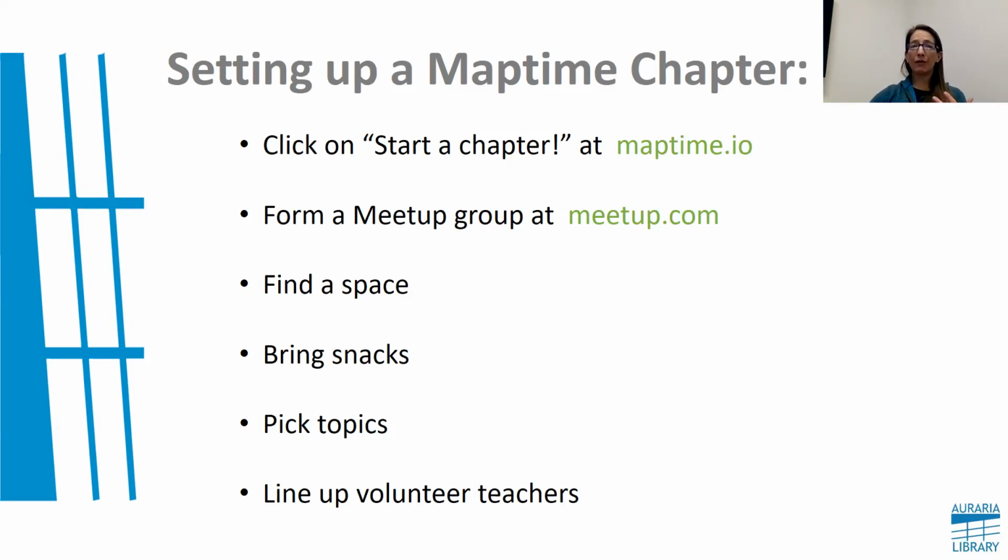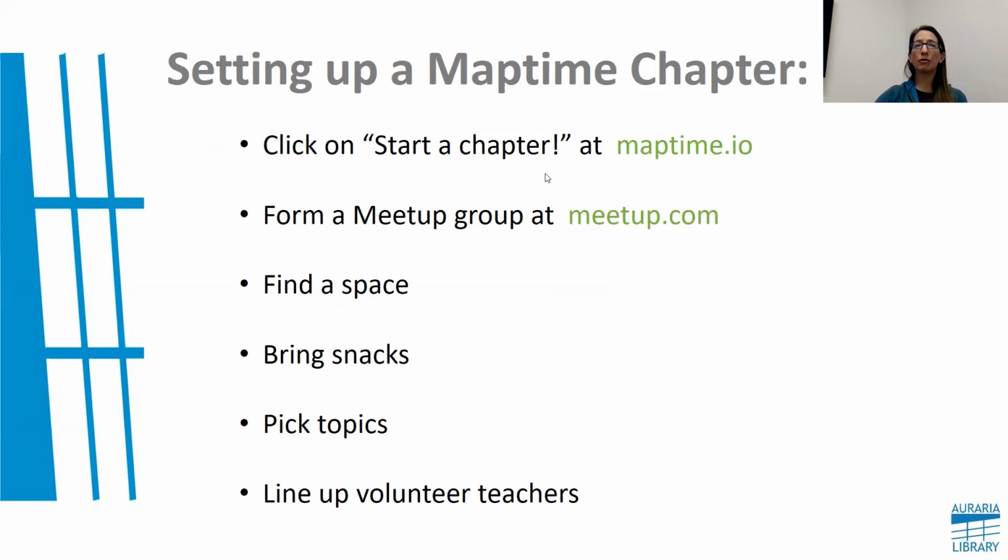So starting a MapTime chapter is something you might want to do if there isn't one in your region. Like I said, you can go to MapTime.io and kind of look to see where chapters exist, see if they're active. If there's one near you, yay, just go and attend and contribute. That's a great way to keep these things going. If there isn't one, you can click on Start a Chapter at this website and start initiating one in your own region.